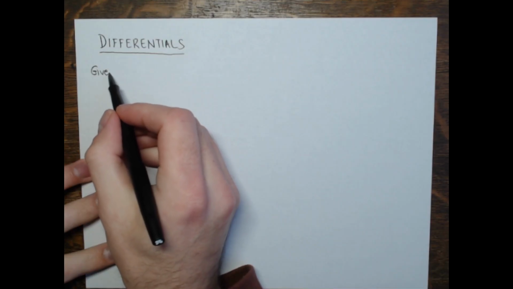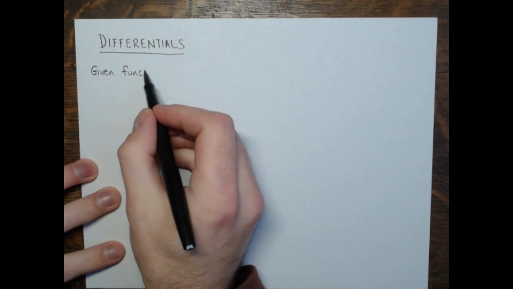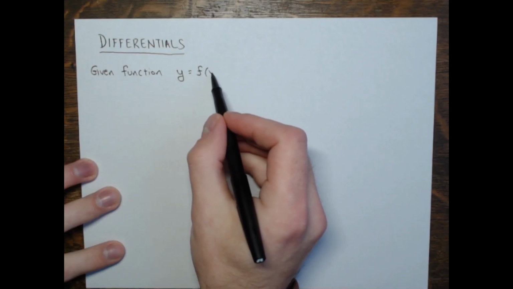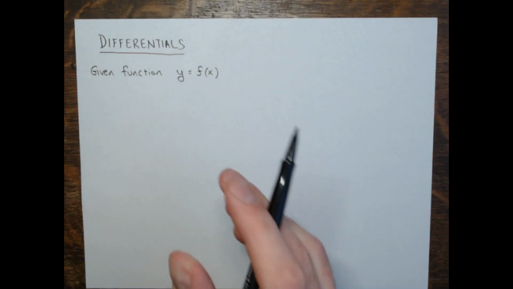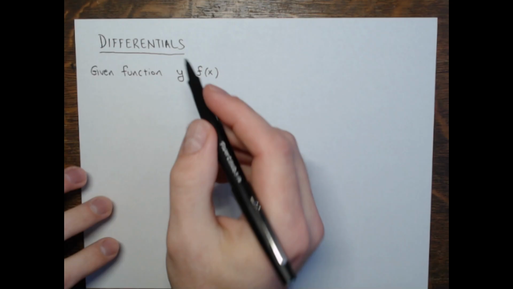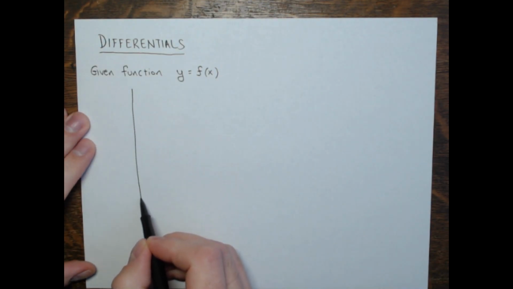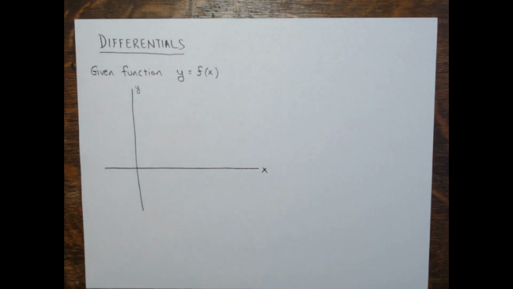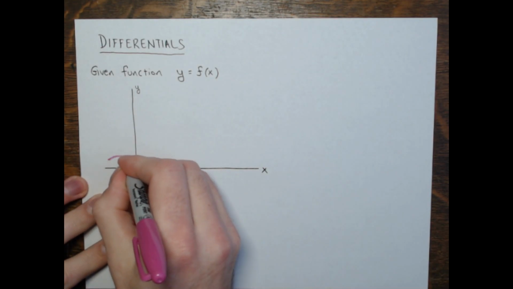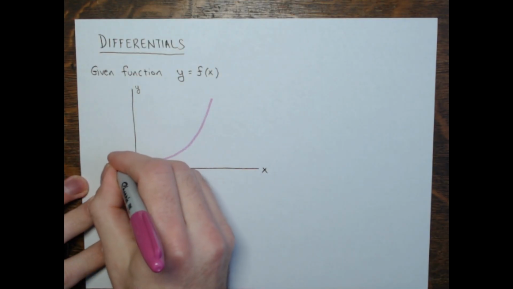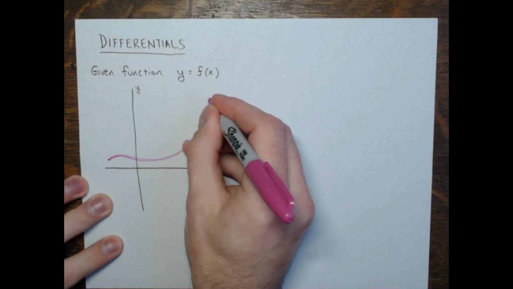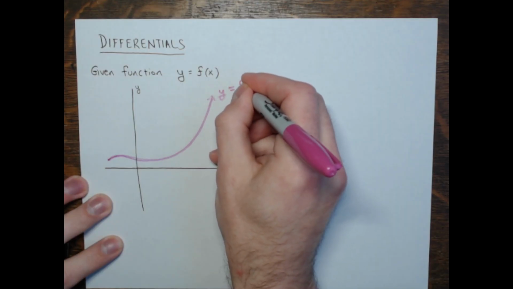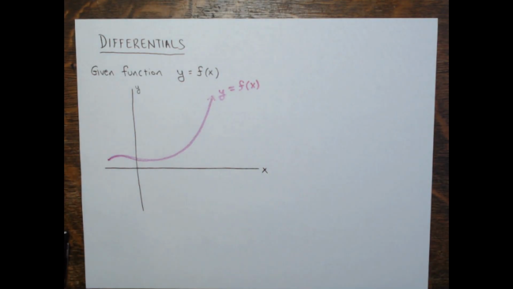Again, suppose I'm given some function that we'll call f, and I'm going to assume that it's differentiable and continuous at some x equals a. So again, a nice generic picture of some function here. I'll put up a nice little swoopy one. So here's the graph of y equals f of x.